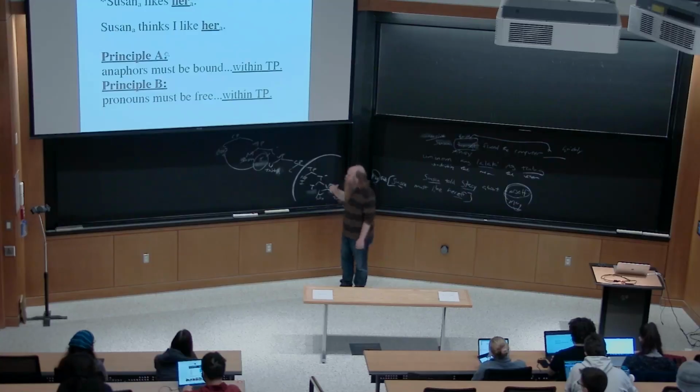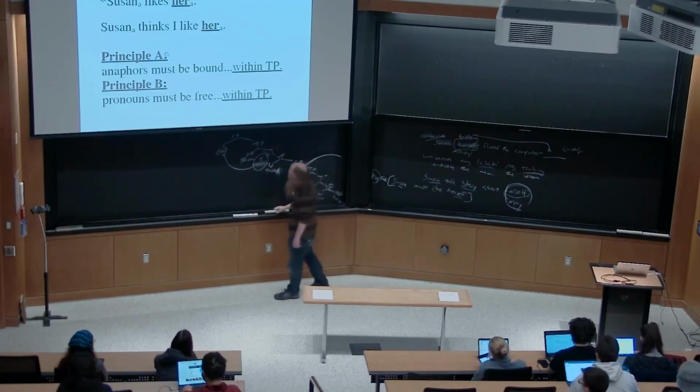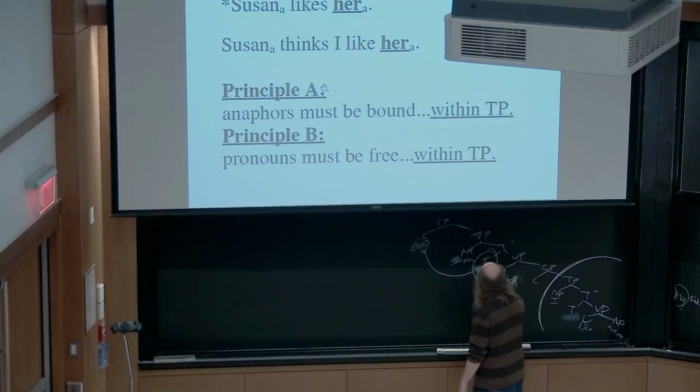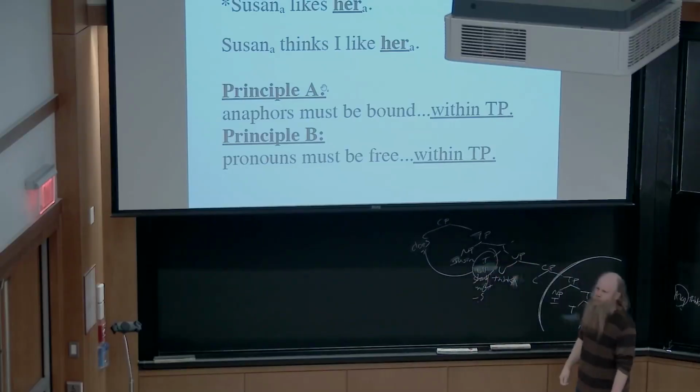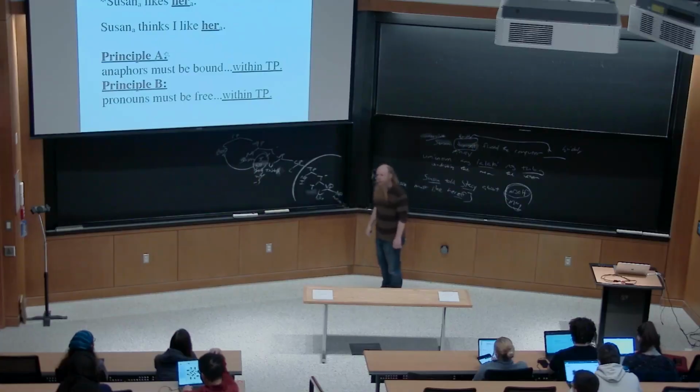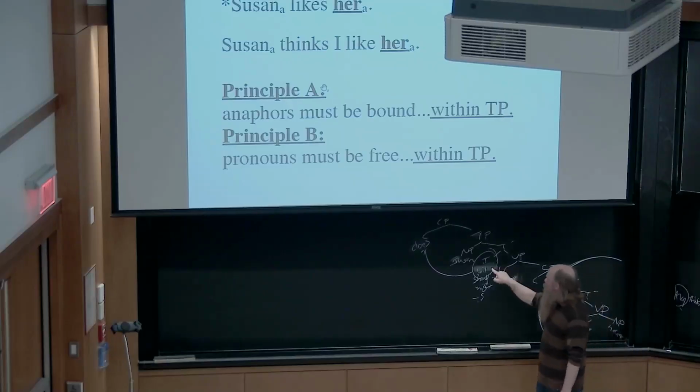So there's a story about what's going on here, which says what's in T. There are various things that can be in T. There's will and should, might, and there's also S, as in "Mary thinks that I like her." And if you do T to C of will or should or might, then you just move them over there and nothing else happens. If you have an S, then there are a couple things that happen.